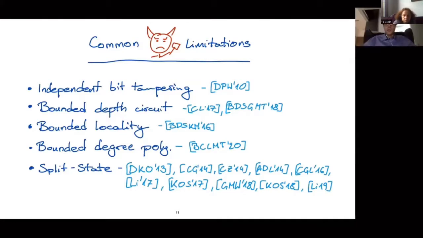Another class is bounded depth circuits: we have the code word and the adversary applies some bounded depth circuit to tamper with it. Bounded locality: the adversary applies some function with bounded input or bounded output locality, or both. Bounded degree polynomials are self-explanatory, and one of the most popular classes is split state, if not the most popular.